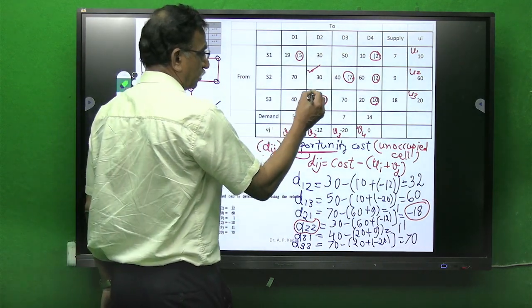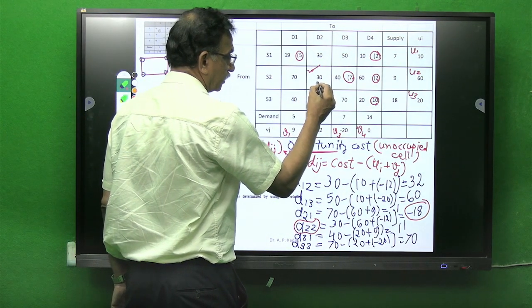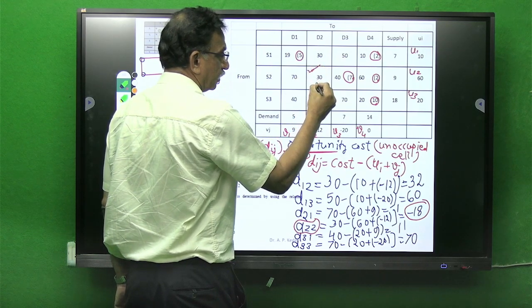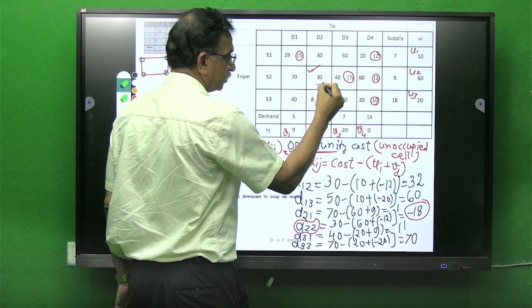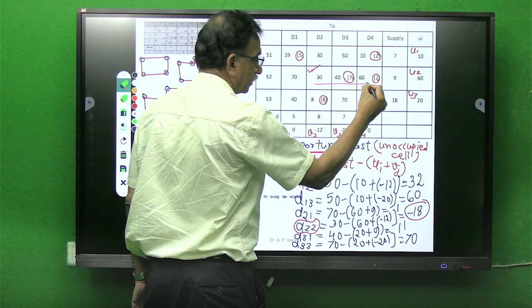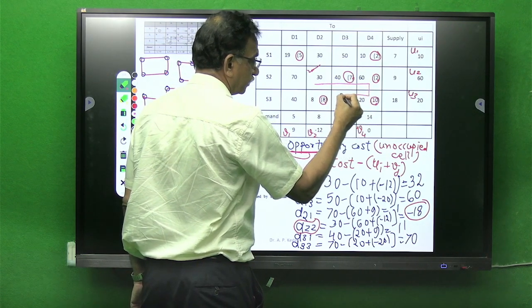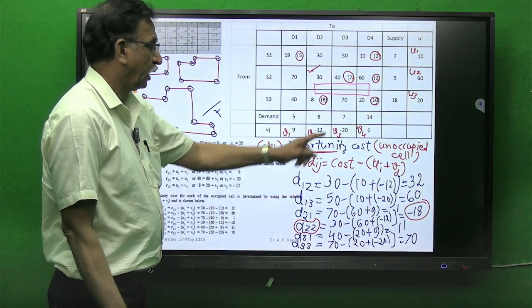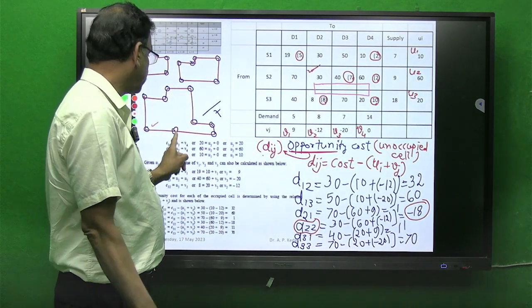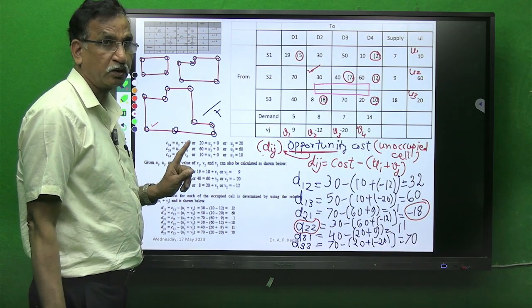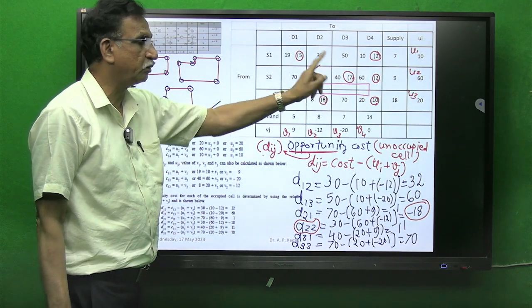See here, where you have marked the tick, this is the starting point. I am drawing this loop. I have already mentioned that there can be a location in between.